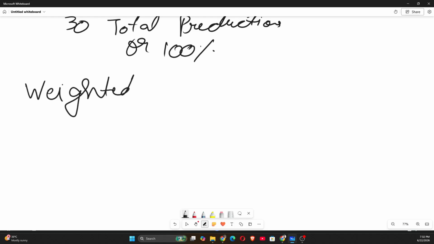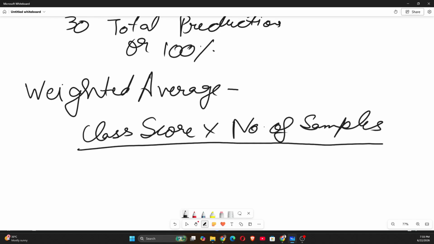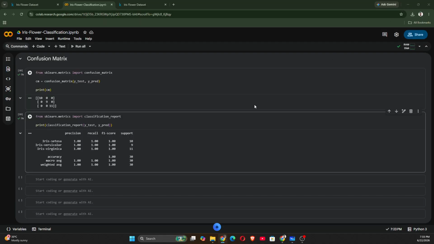Weighted average considers support. The formula is class score into number of samples, divided by total samples. So in this project we have done loading the data set, understanding, EDA basics, feature separation, train test split, feature scaling, KNN training, prediction, accuracy, confusion matrix, and then the classification report.